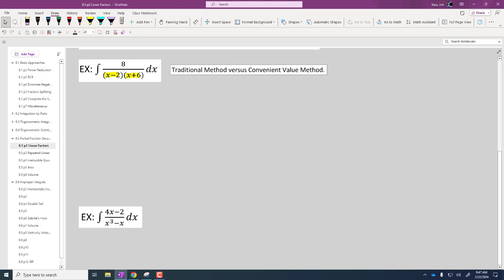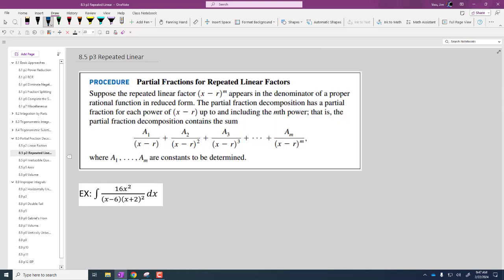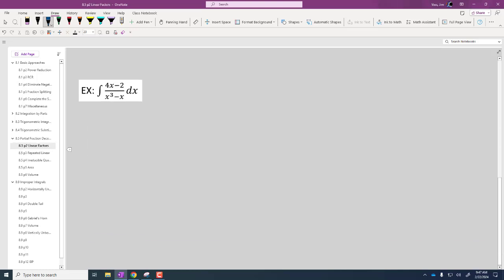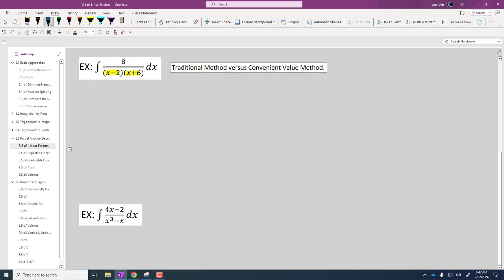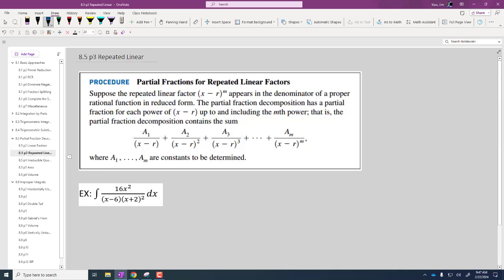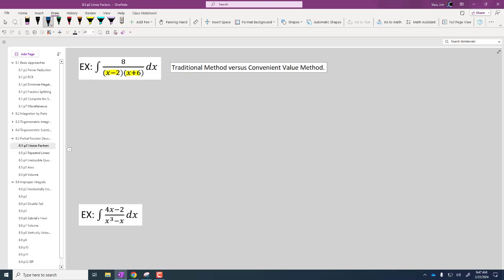So let's use the traditional partial fraction method. We'll do them both here. So there are 2 techniques for this type of partial fraction decomposition. Let's do the traditional method first.